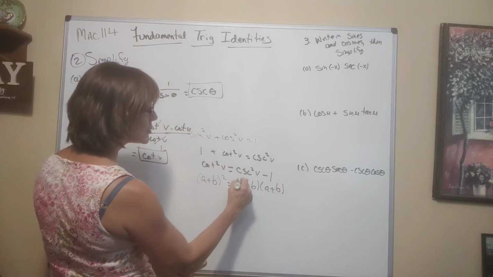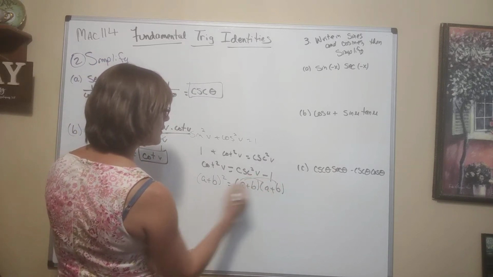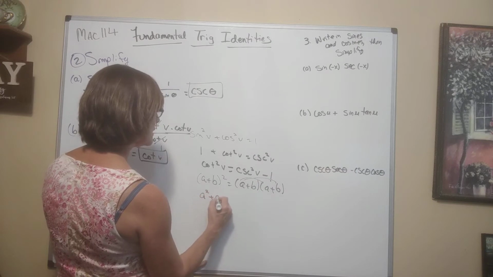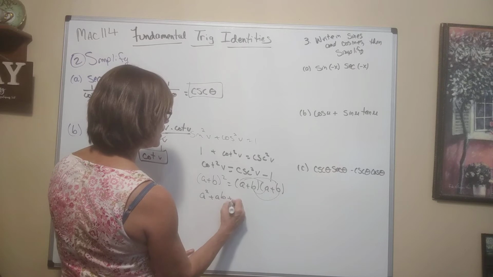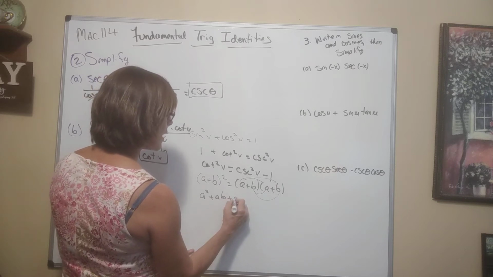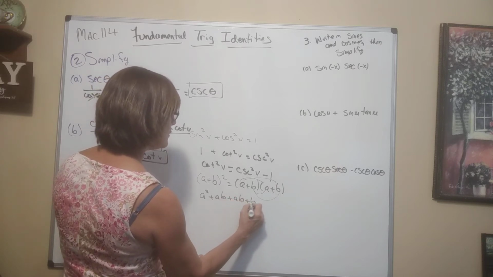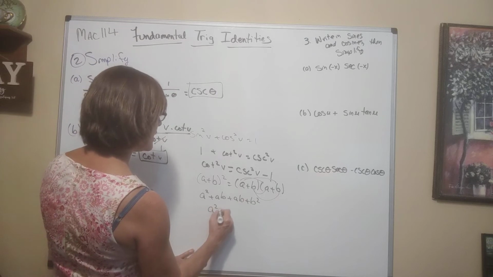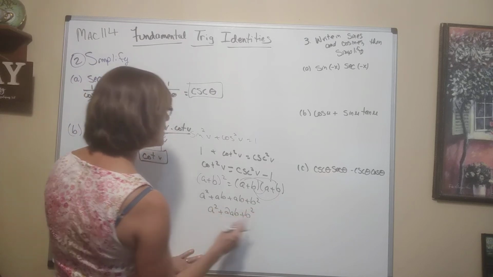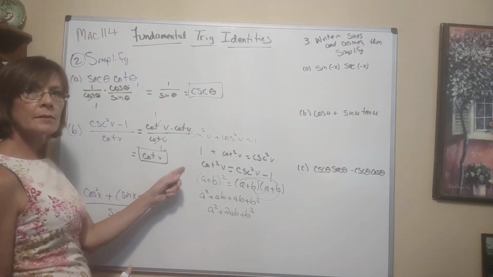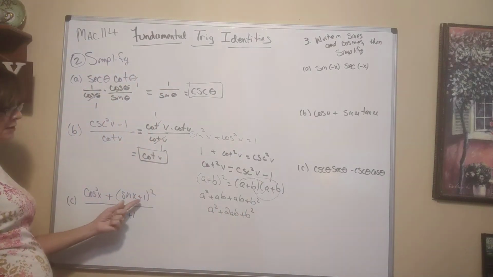So if I were to distribute the a to both terms, I would get a squared plus ab. And then if I were to distribute the b to both terms, I would get b times a, or ab again, plus b squared. I get a squared plus 2ab plus b squared, which is what I will have every time I square something with a plus b squared.